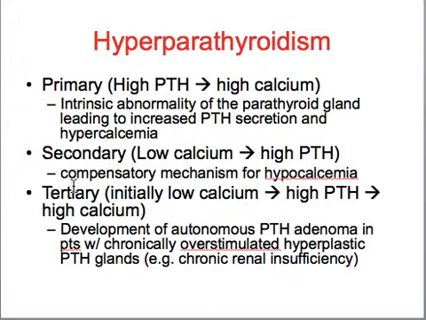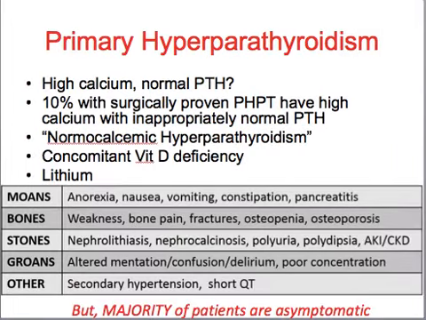This is what we call tertiary hyperparathyroidism. So in primary hyperparathyroidism, usually you have a high calcium with an inappropriately normal PTH or an elevated PTH.